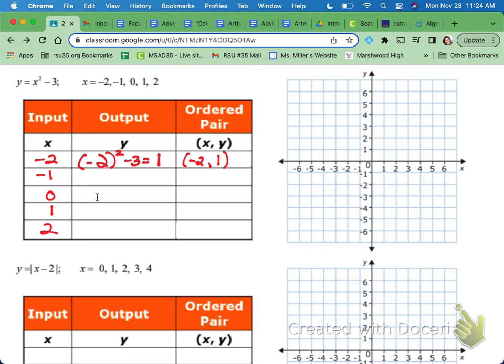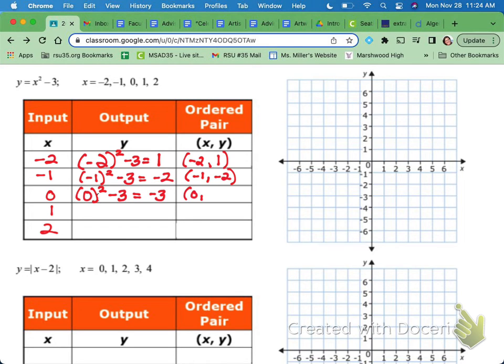Do the same thing for -1. -1 squared is 1. 1 - 3 is -2. So my ordered pair is -1, -2. 0 squared is 0. 0 - 3 is -3.